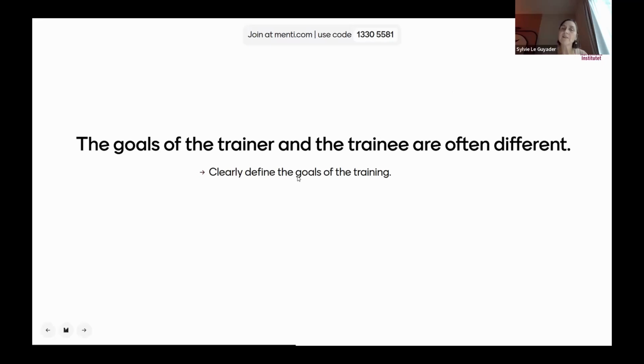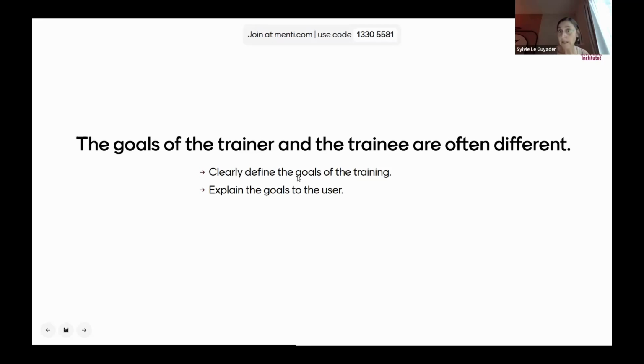And once we clarify the goals, we should share with the user. So we should explain to the user, I am going to train you to do this and this and this and this. And you do this before the training. This is a very powerful way to actually help the user learn and structure the knowledge in their mind. Instead of receiving a shower of information, they're going to be able to make blocks with it.